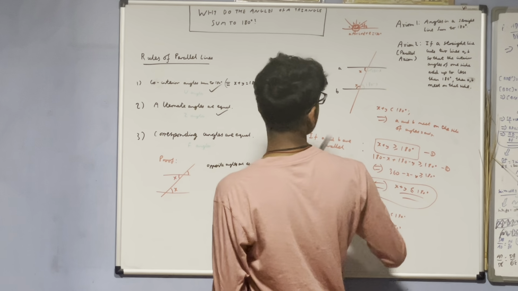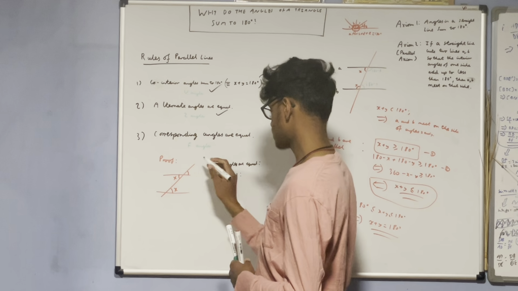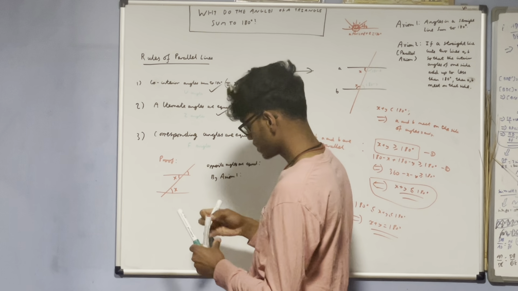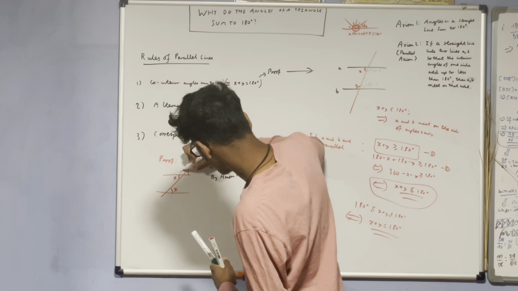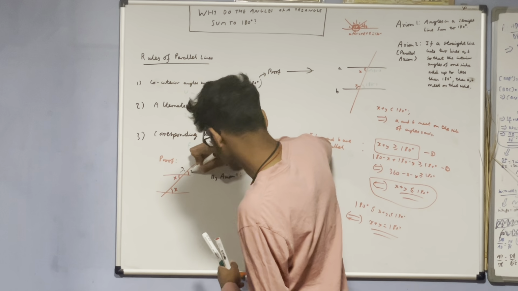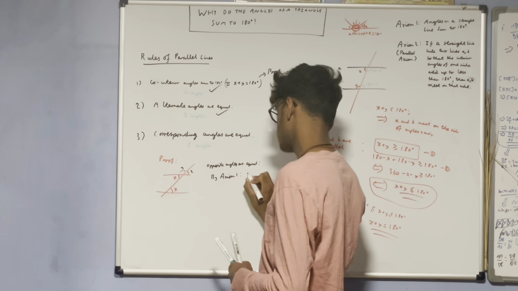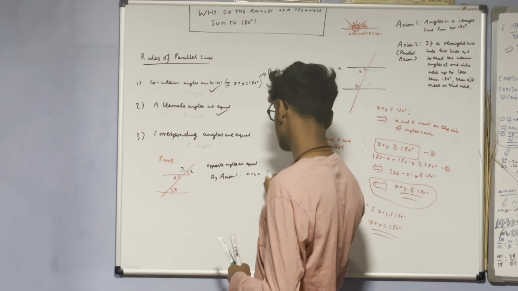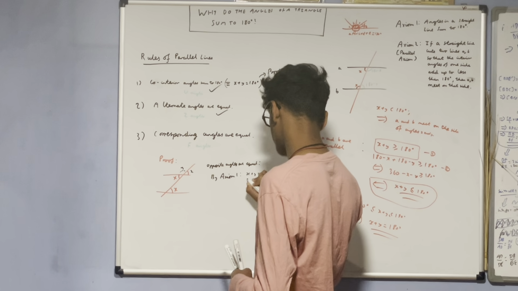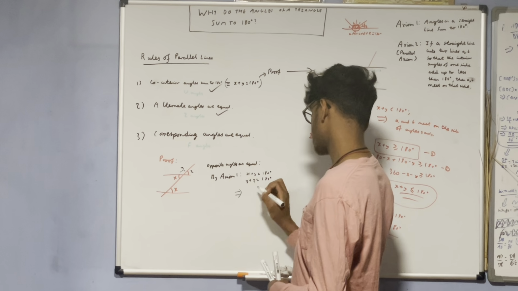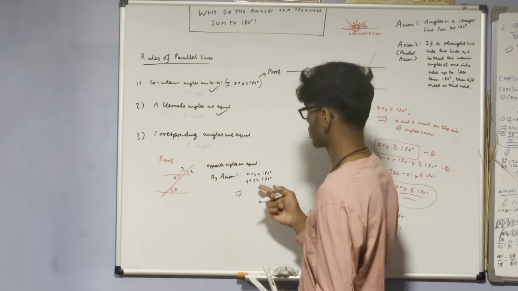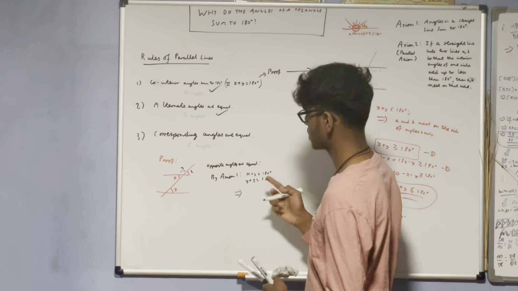I'm going to use axiom 1. This angle I'm going to call Y, and I'm going to let this angle be Z again. By axiom 1, X plus Y is equal to 180 degrees and Y plus Z is equal to 180 degrees. By rearranging, you get 180 minus X is equal to 180 minus Z, or X is equal to Z. Therefore, X is equal to X.